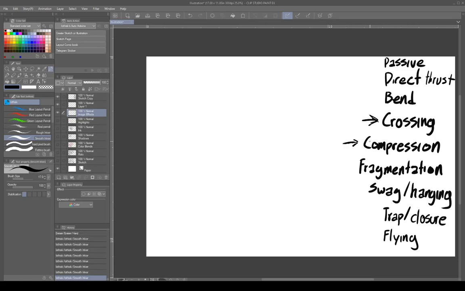Crossing wrinkles refer to any time a wrinkle takes a zigzaggy pattern, like this and like that.